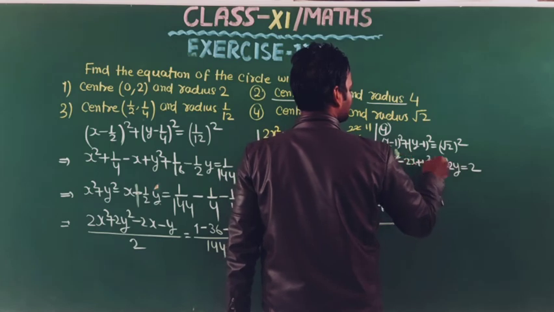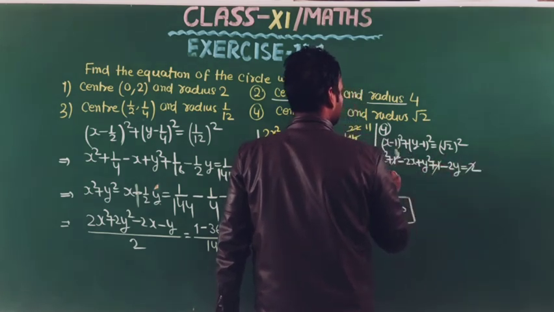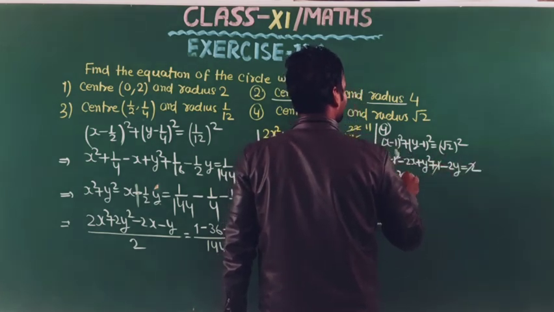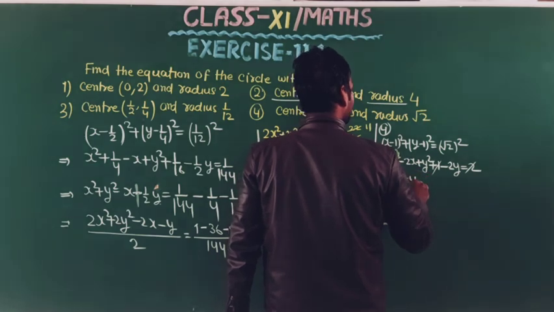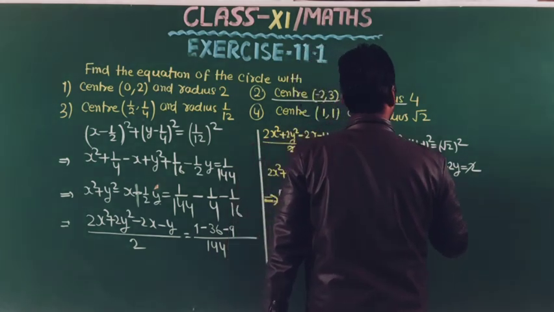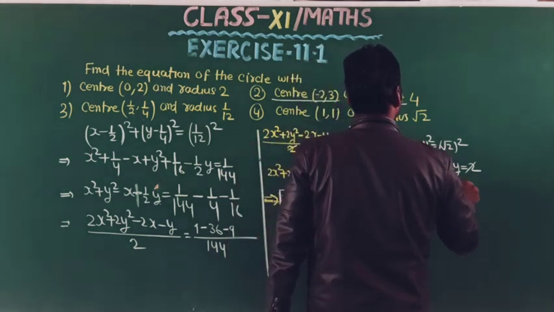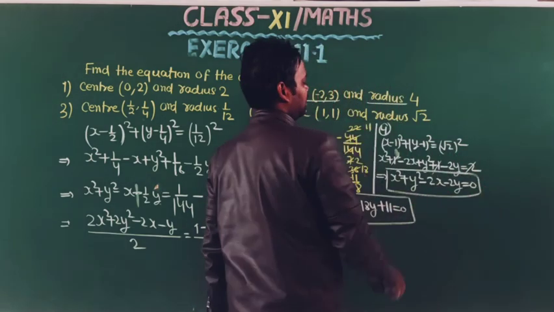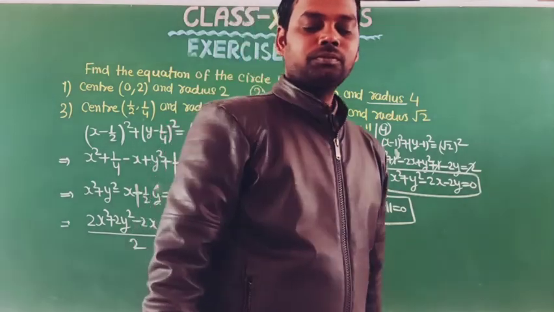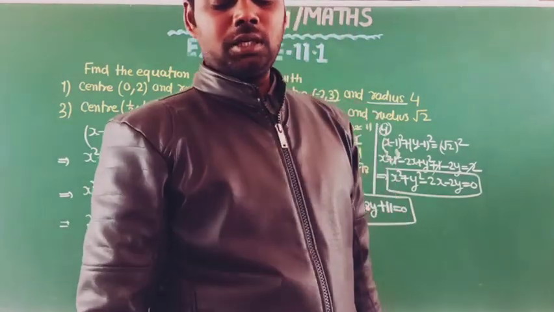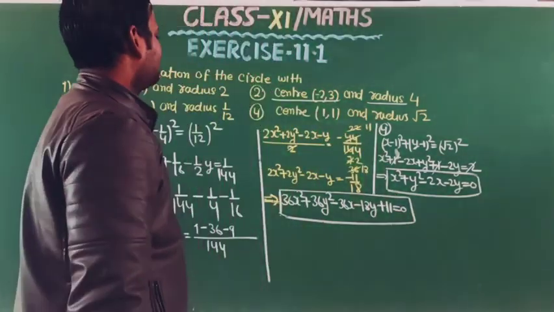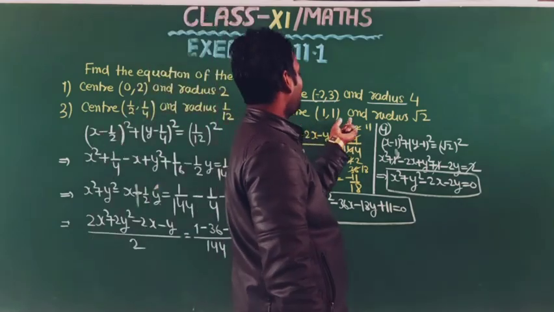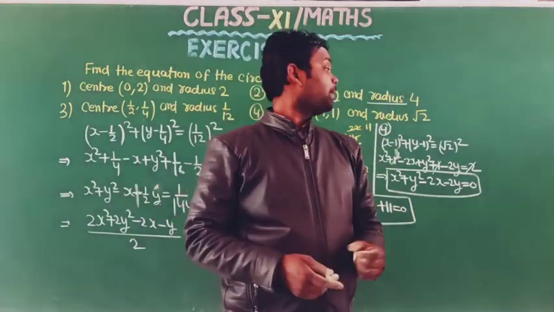So this cancels out, and the required circle will be x square plus y square minus 2x minus 2y equal to 0. Okay, so this is the required equation of the circle with center (1, 1) and radius equal to root 2.